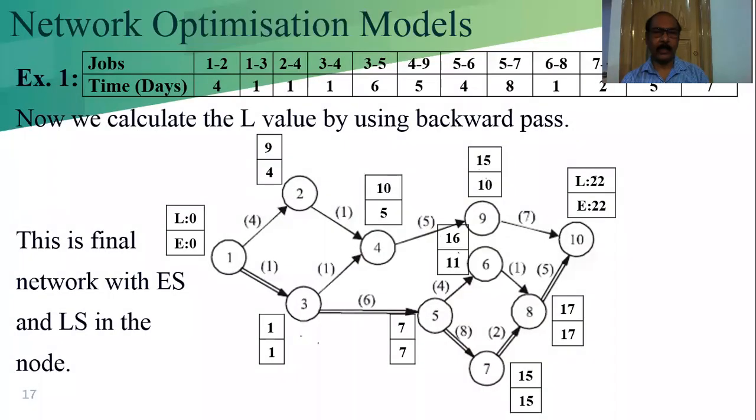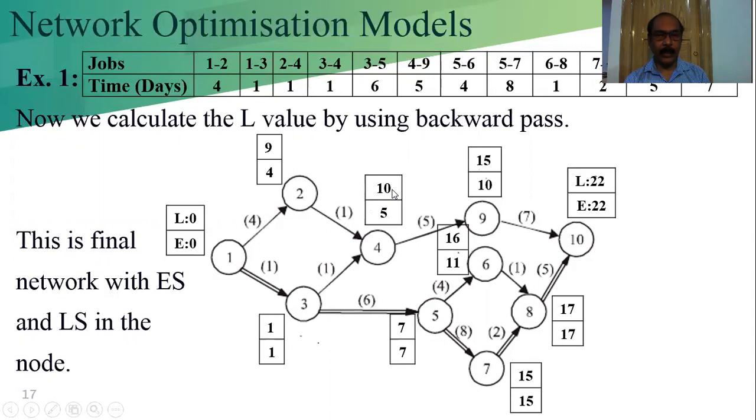When we are finding this 2 4, that difference is called the head event slack. When we are considering the activity 2 4, this is the head event. What is the difference of that? L value minus E value, that is the head event slack. We already got 2 4 as the total float minus the head event slack.